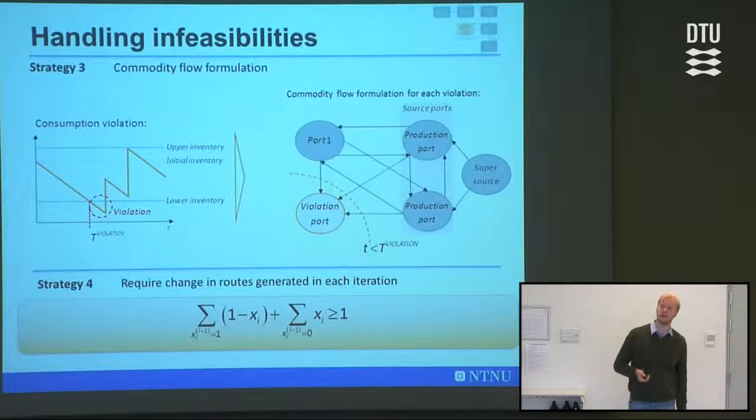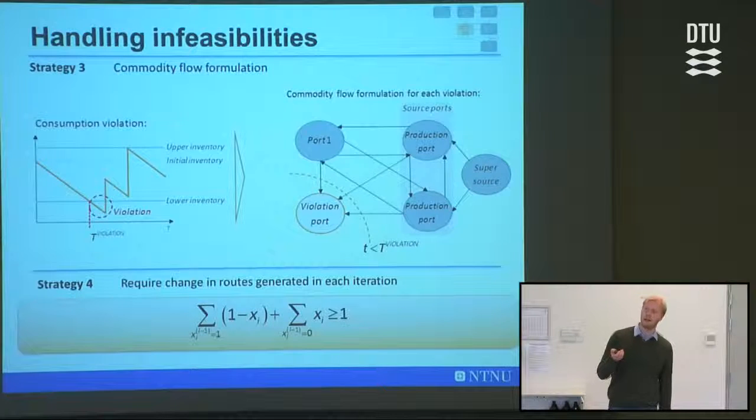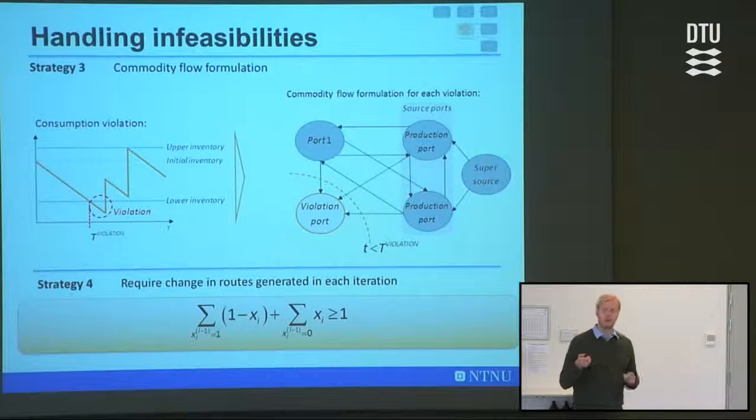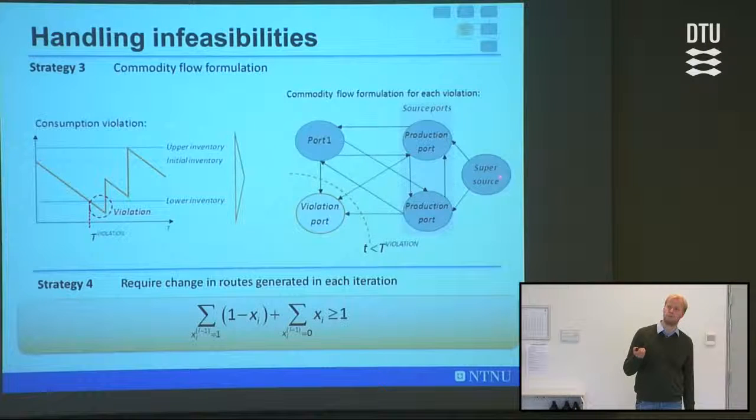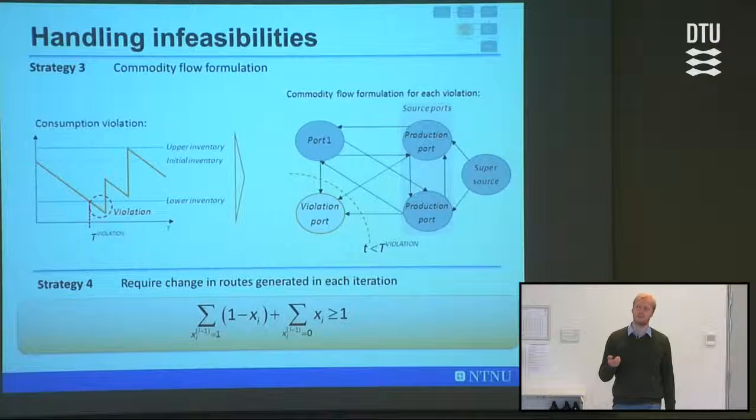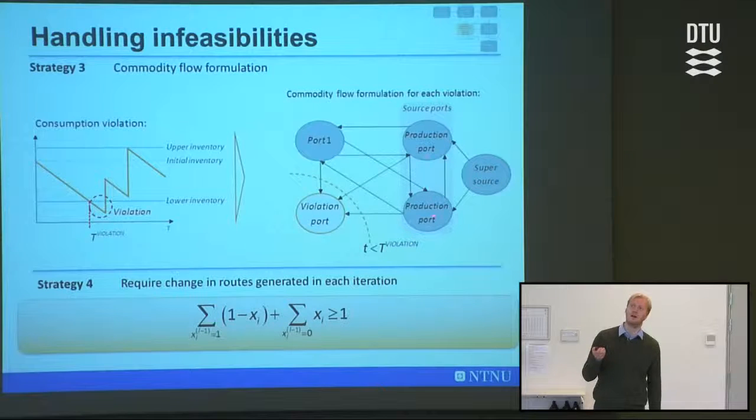The third strategy, I would say, is a mild version of enforcing an arc. We take the violation port where it happens, and if this is a consumption port, we create a super source which will send 1 unit of goods to this violation port through the production ports of this product.